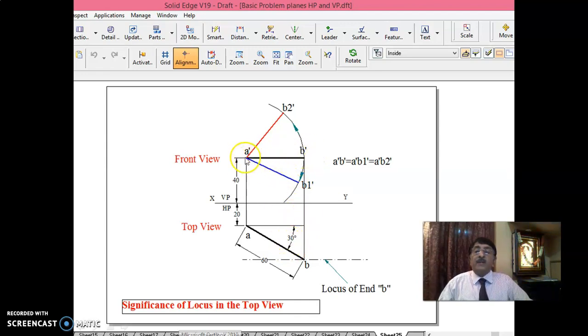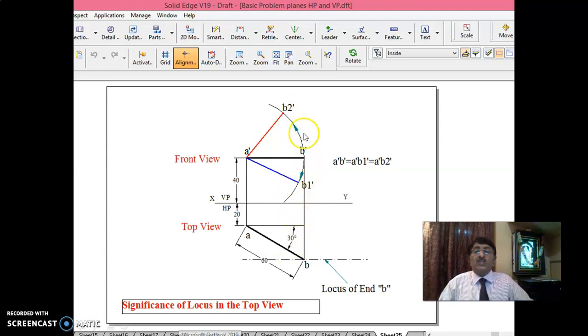In that way, the front view length remains same. That is why, with A dash as center, A dash B dash as radius, I draw an arc this way or this way in future problems. If I draw an arc, you should clearly know the significance of this arc in the front view: the length of the front view remains same because inclination to VP remains same.